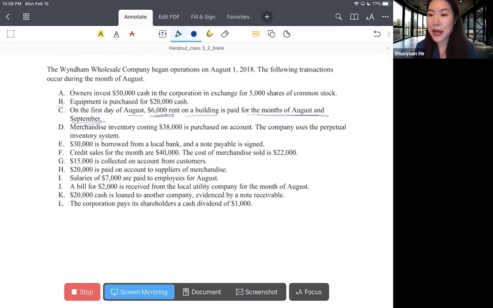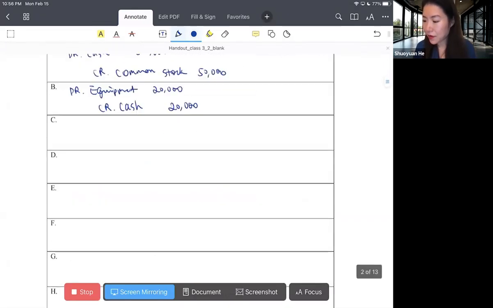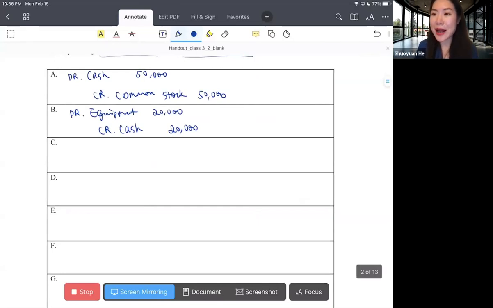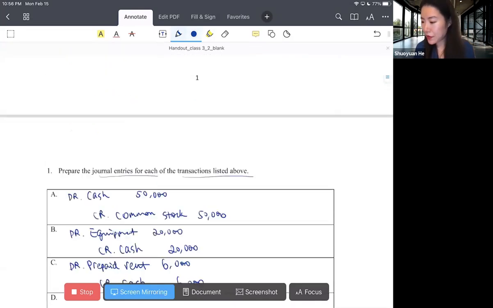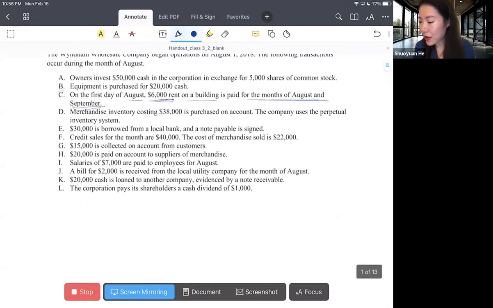So this is prepaid rent, which is an asset for the firm. So debit prepaid rent for 6,000, credit cash for 6,000.